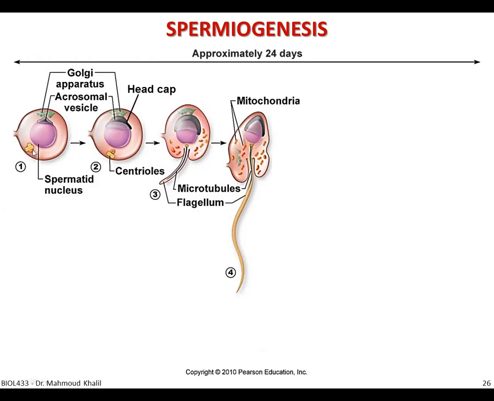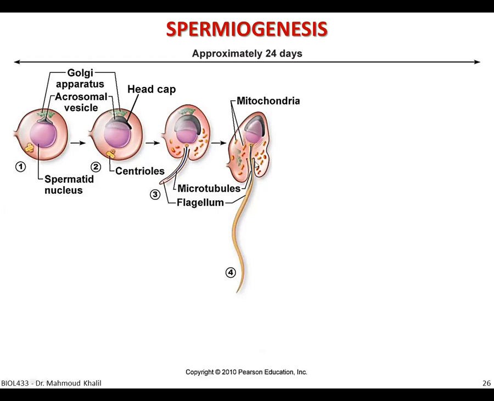And the centriole starts to move a little bit toward the center. Here, the shape of the spermatids starts to change, and the microtubule with the flagellum starts to arise, which is attached to the centriole, and the head cap, which contains the acrosome vesicle, spreads over and over the nucleus, trying to cover the nucleus.